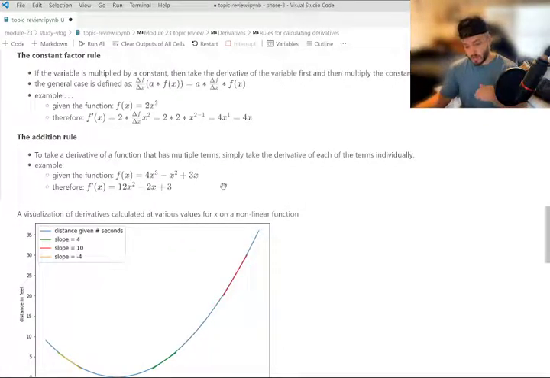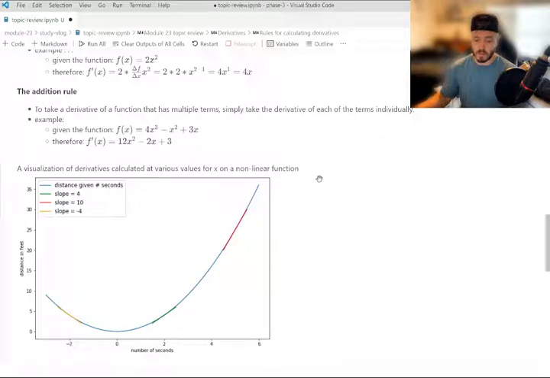But where you have multiple terms like this, where this could even be 4x over 3, that's still considered a term because it's separated by the minus sign. You find the derivative of each term individually, and then you sum it all up at the end. That's all the addition rule is: you derive each term individually and then sum them.